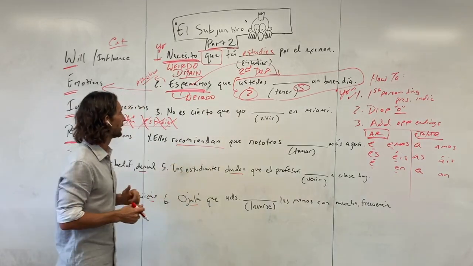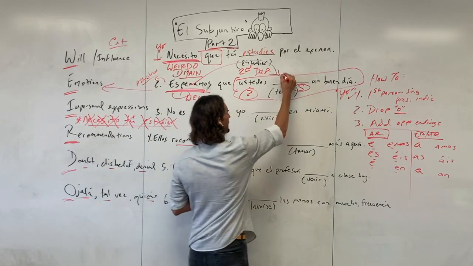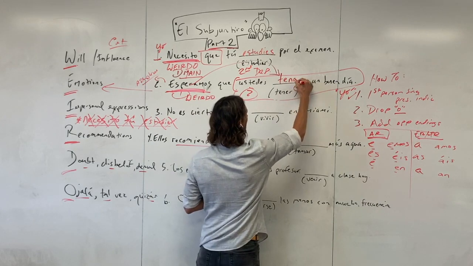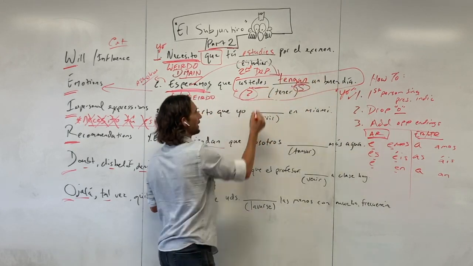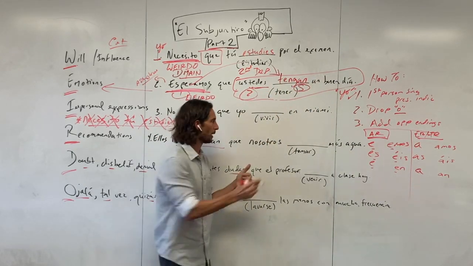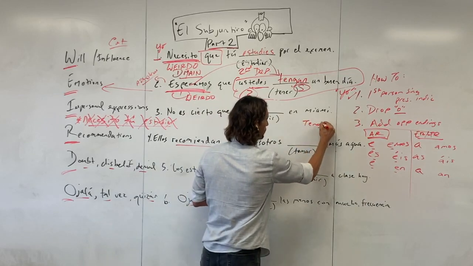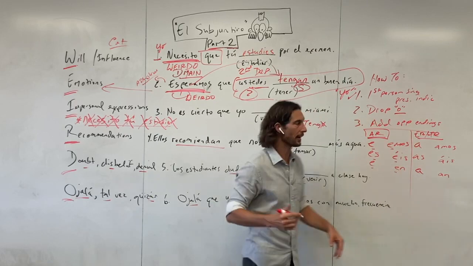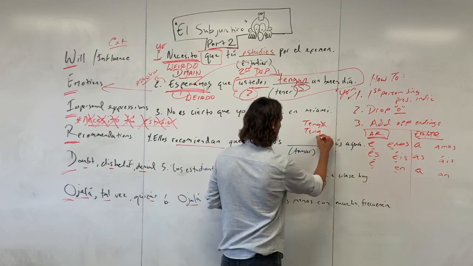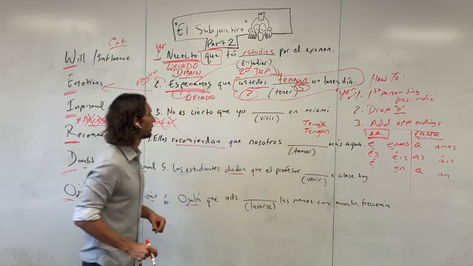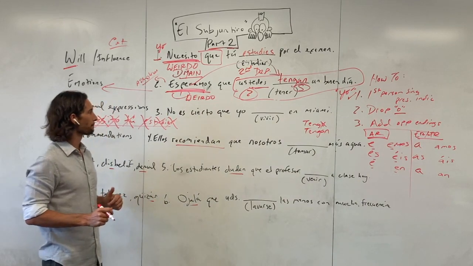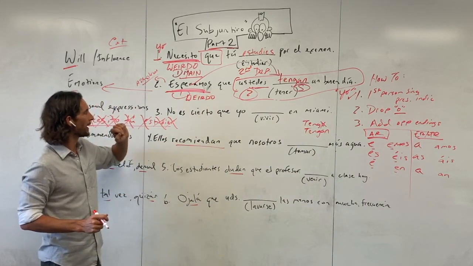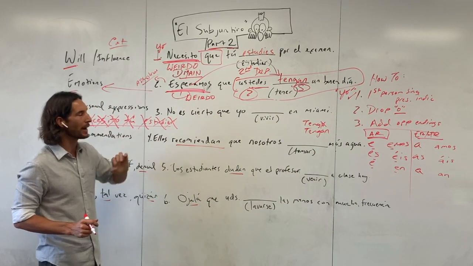And so we have, esperamos que ustedes tengan, right? Because we have ustedes, so tengo, I'll write it here. We drop the O, we add the opposite ending, it's ustedes, so we say tengan, right? So we have, esperamos que ustedes tengan un buen día.